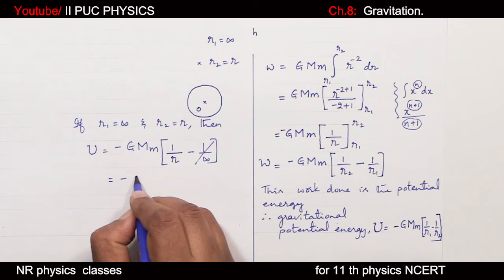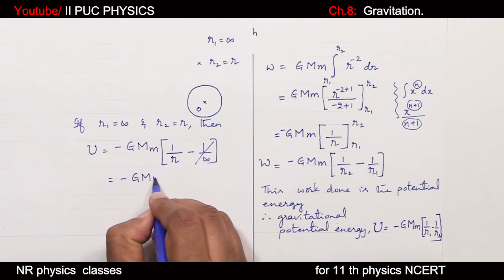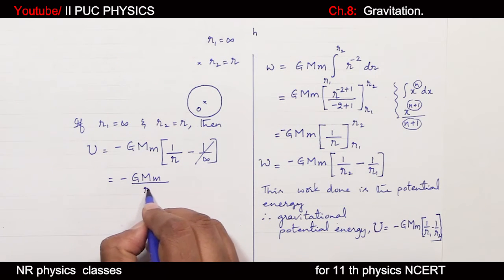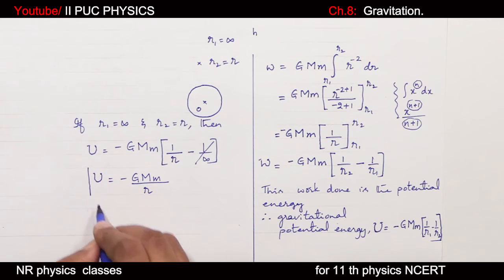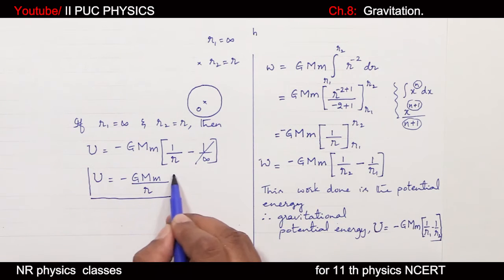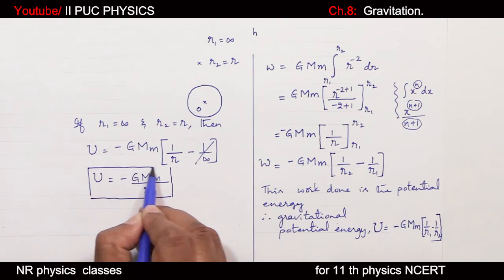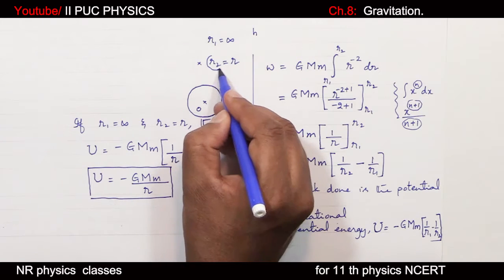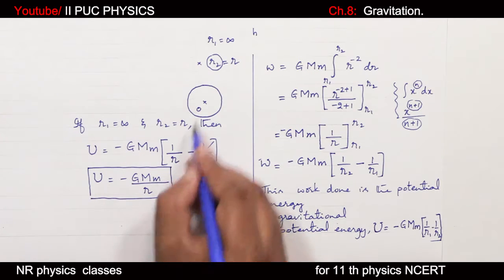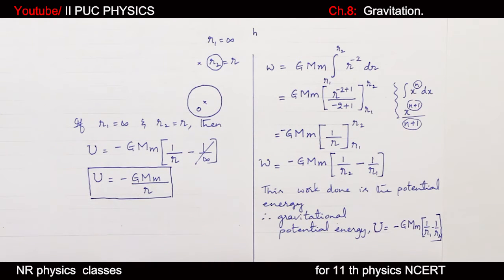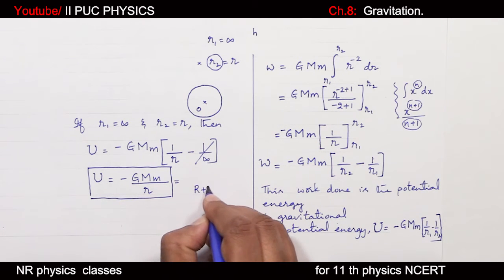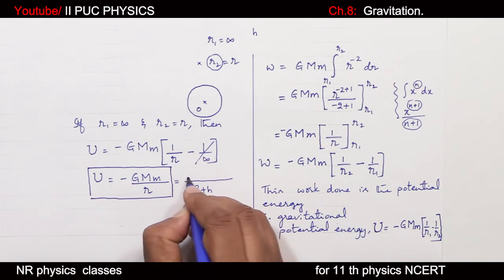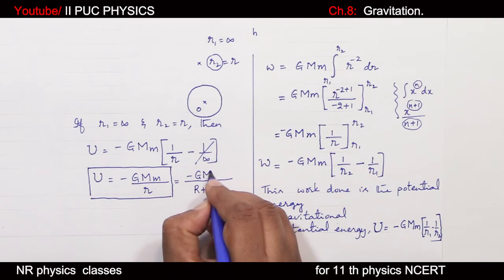So minus GMm by r is the expression for gravitational potential energy at point where position vector is R2, at some point where distance is r, and this r is also equal to R plus h, isn't it? Minus GMm by r.